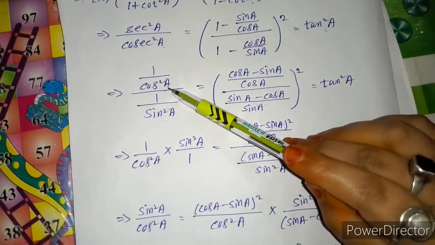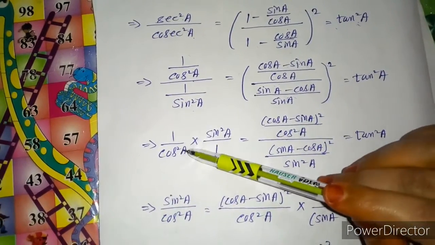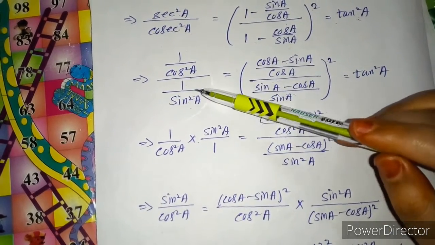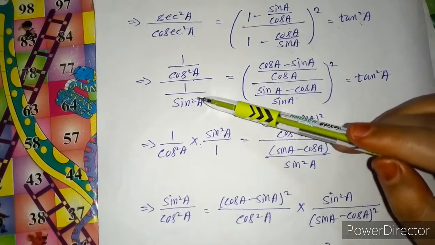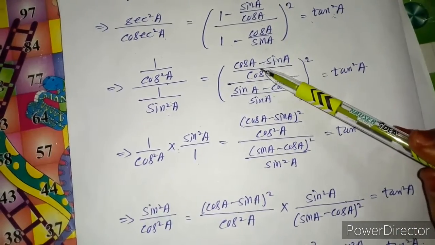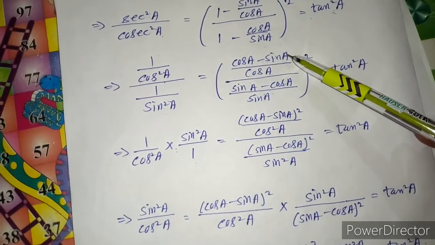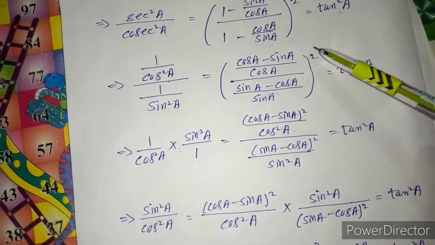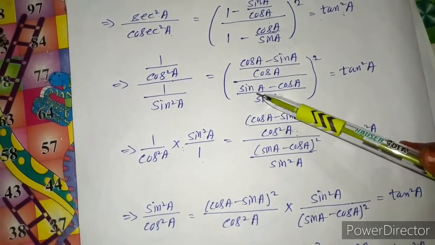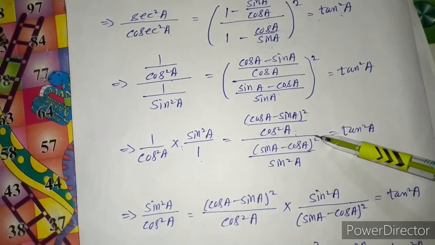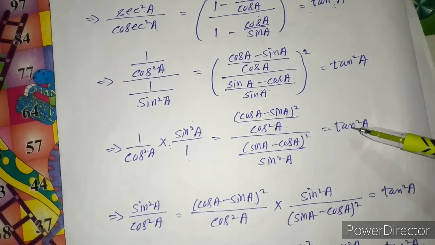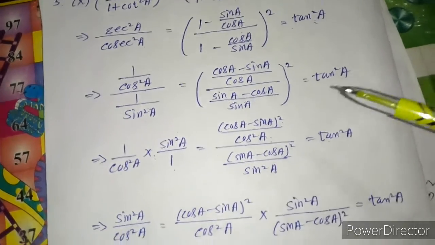After that, 1 by cos²A is divided by 1 by sin²A. When divide is converted to into, I take the reciprocal, so sin²A divided by 1. Similarly cos A minus sin A whole square divided by cos²A. This is divide, so this also divide, sin A minus cos A whole square divided by sin²A. Understand? Is equal to tan²A.